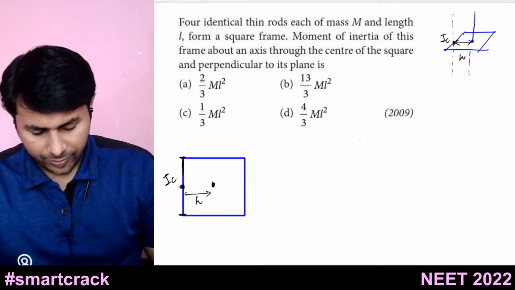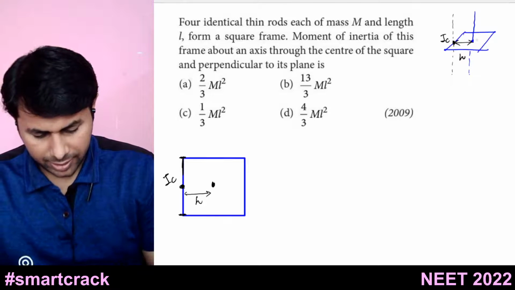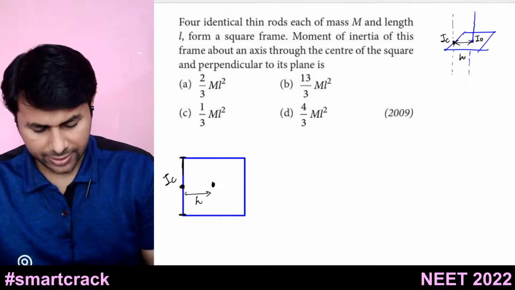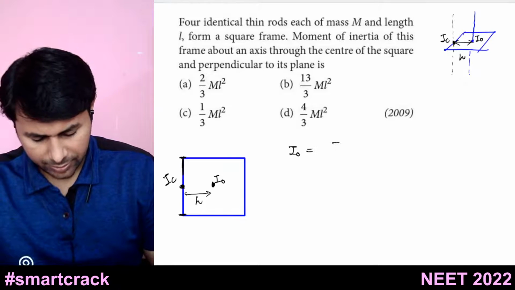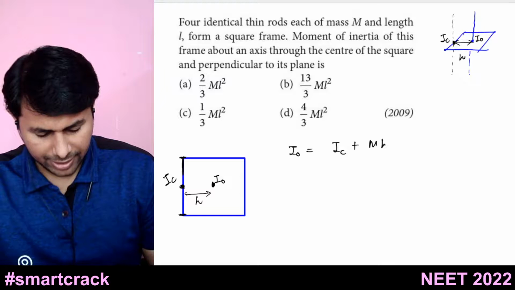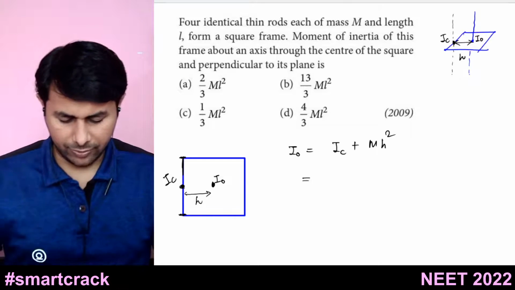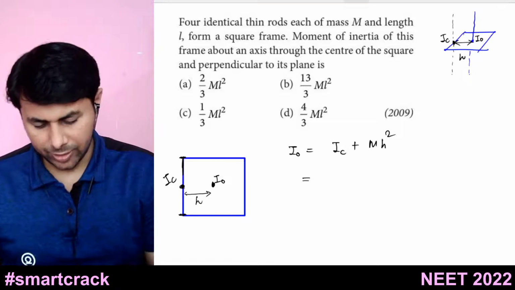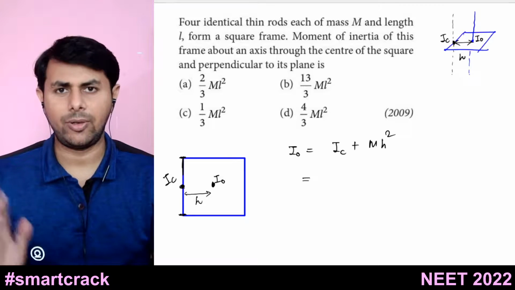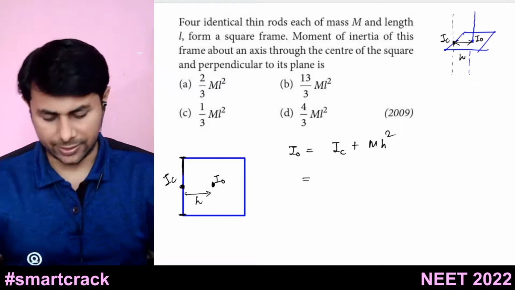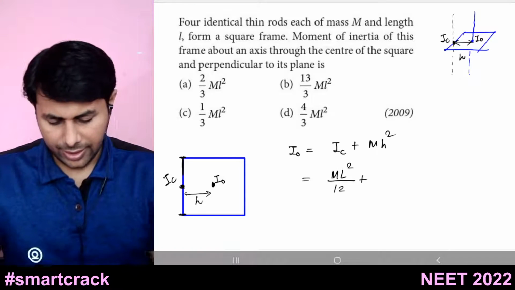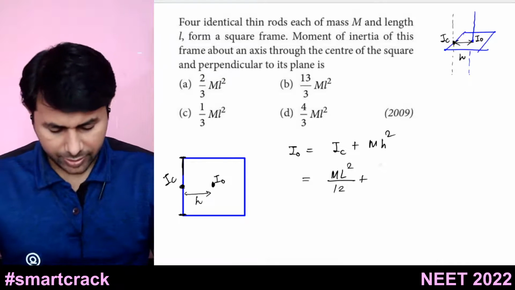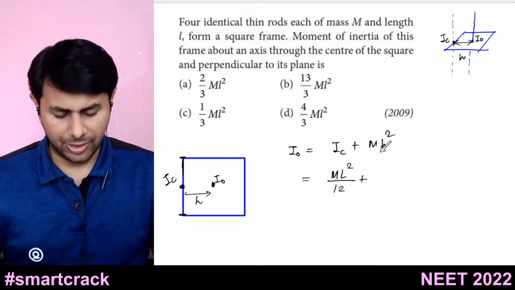So we know IO, the moment of inertia about this axis, is IO. So IO is equal to IC plus mh square. And what is IC? The moment of inertia of a thin rod about an axis which passes through its center of mass is given by ml square divided by 12. And we have m into h square.